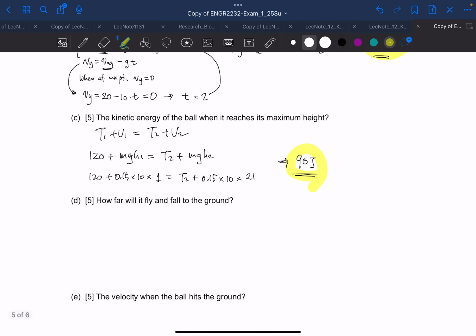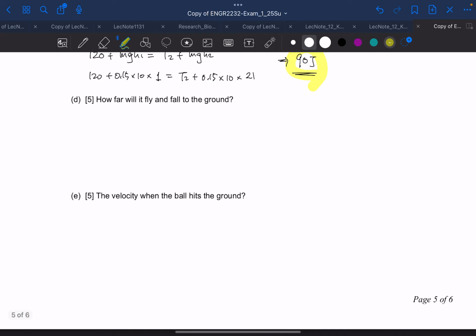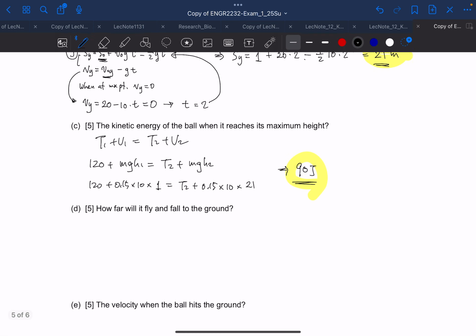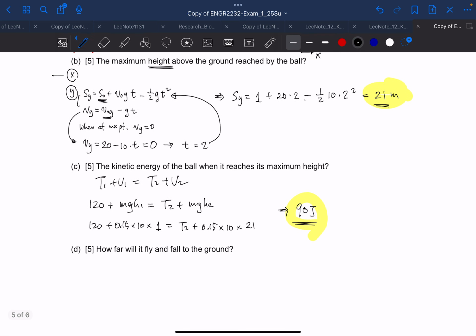All right, now let's move on. Then how far will this ball fly before it falls to the ground? So we actually need the x component then.